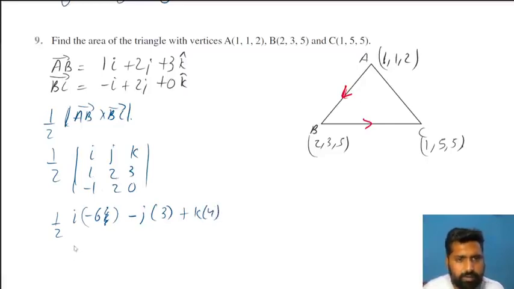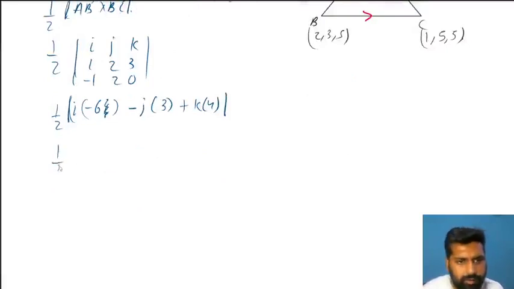So this is the vector now, and we have to calculate the magnitude of it to get the value of area. The magnitude will be the square root of 6 square 36, 3 square 9, 4 square 16.